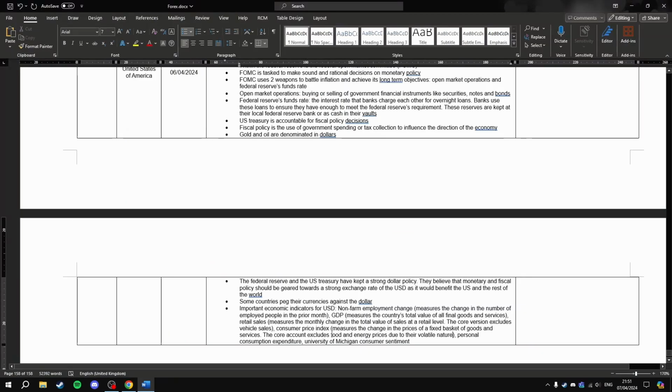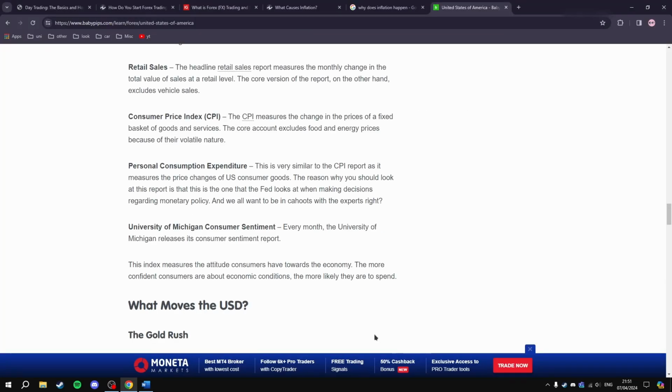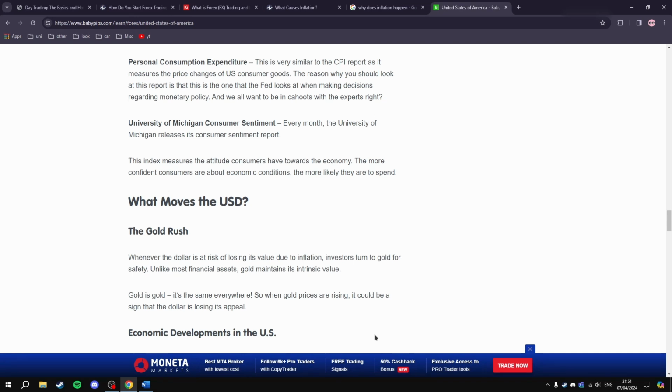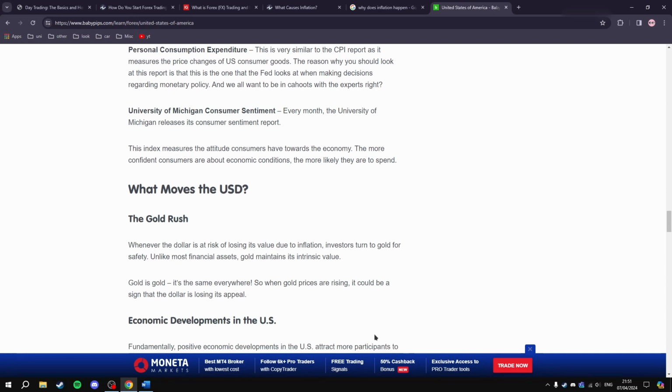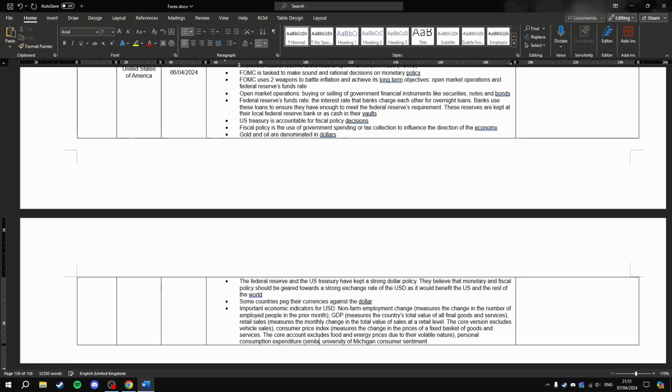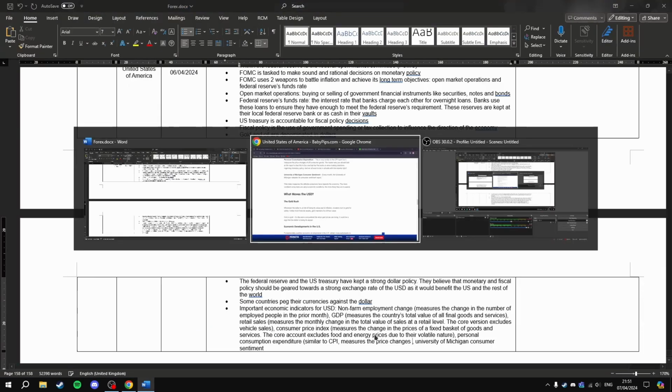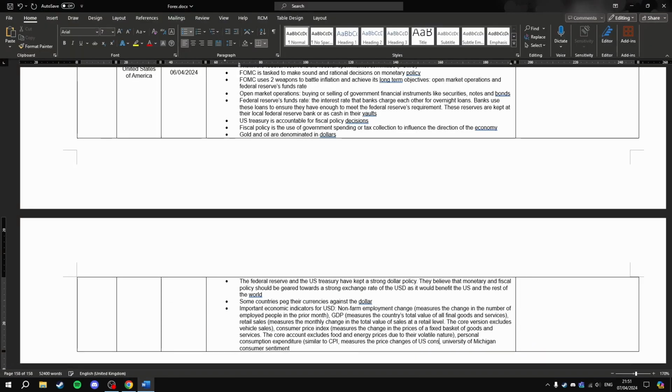Personal consumption expenditure. This is very similar to the CPI report as it measures the price change of US consumer goods.